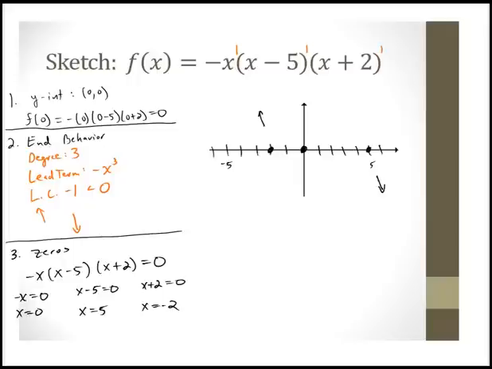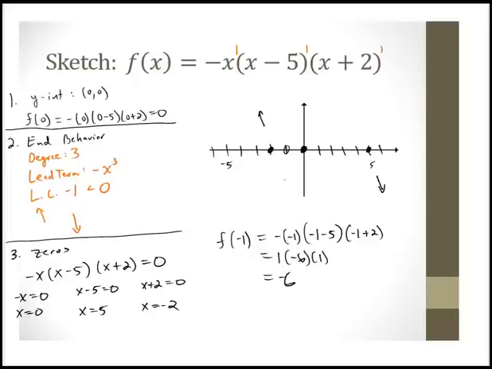So how about we evaluate f of, say, -1? So here's sort of a test point. For f of -1, I have -(-1) times (-1 minus 5) times (-1 plus 2). So that would be 1 times -6 times 1. That would be -6.